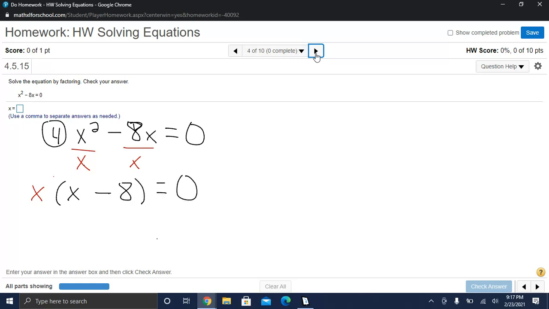Now, I do not have two parentheses, but I do have two factors, so they each have to be equal to 0. So the first one is this x equals 0, and that is actually one of the solutions. And the other factor is the x minus 8 equaling 0, and I can add 8 to both sides of the equal sign, giving me an answer of x equals 8.